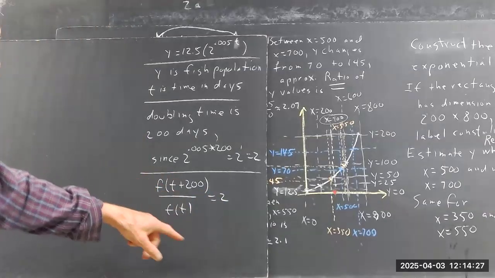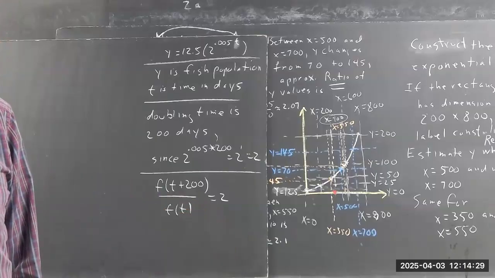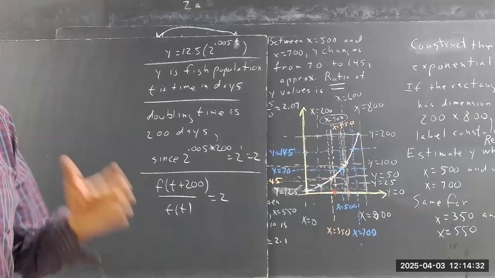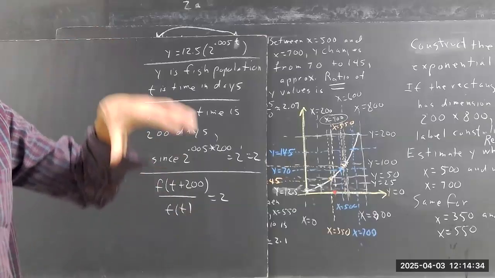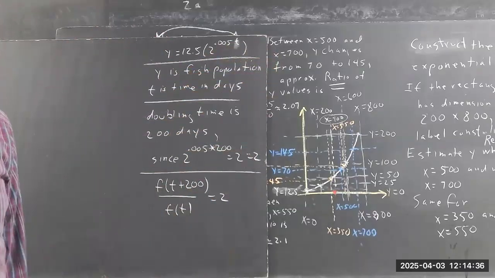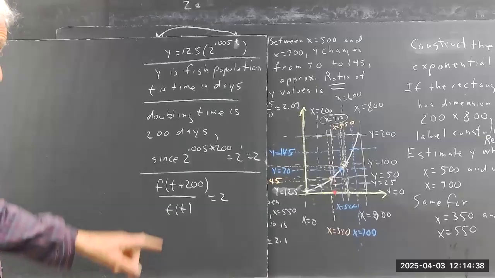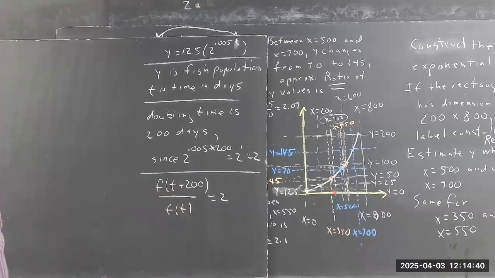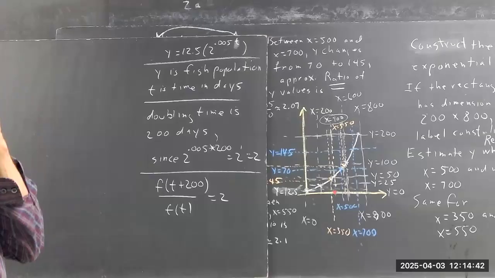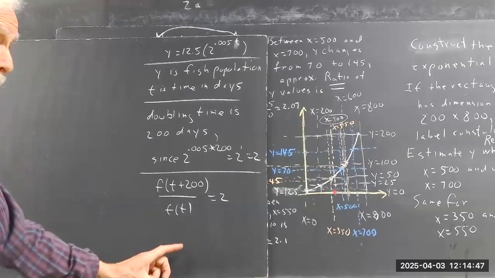F of t plus 200 over f of t is always 2. You prove that by using the rules that we use to simplify the expressions we looked at. And this is pretty easily proved. You'd have to write it out. We're not going to prove it today. We've only got 10 minutes left.